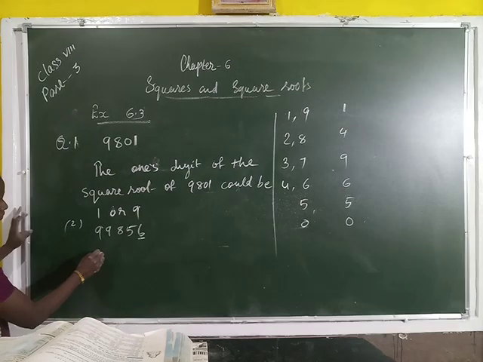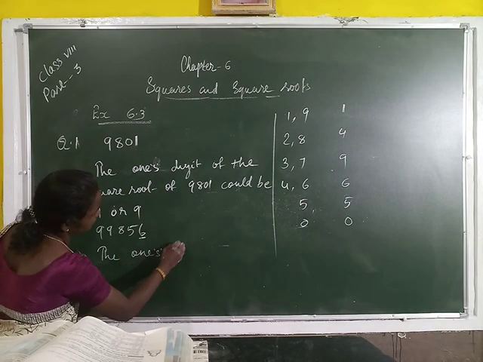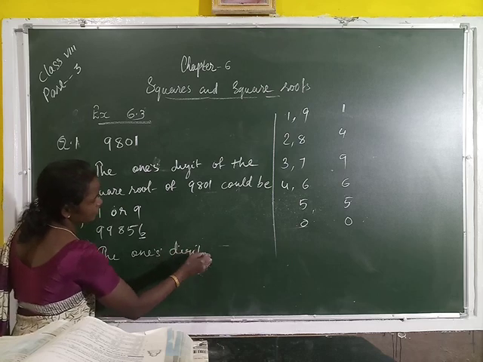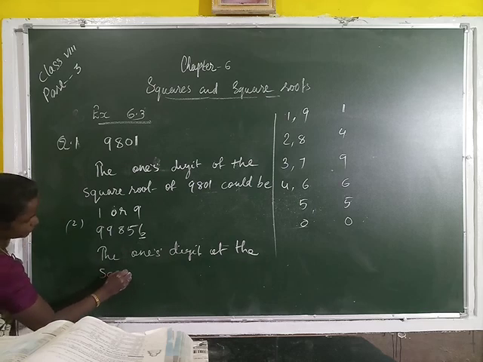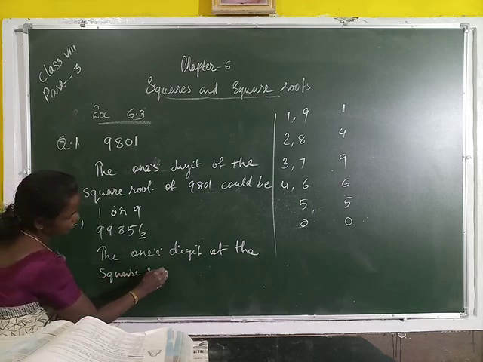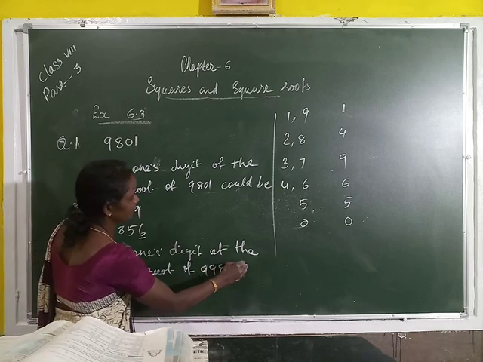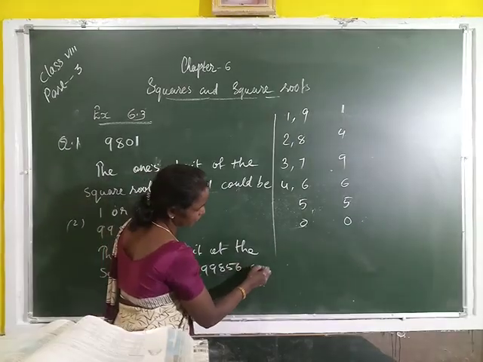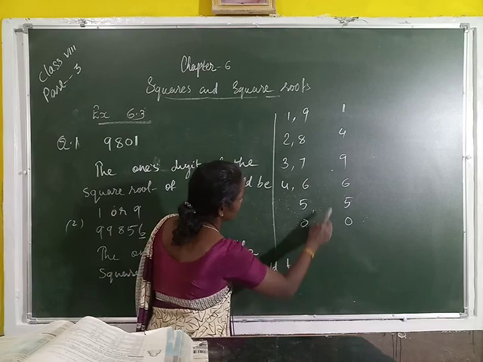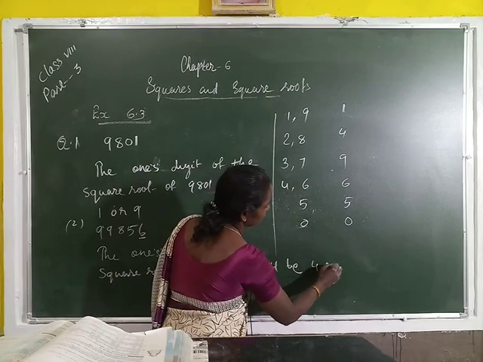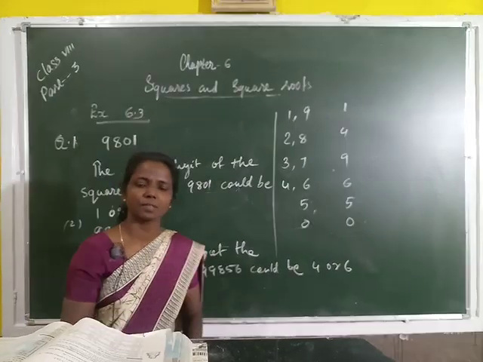So we can write the ones digit of the square root of 99,856 could be 4 or 6.